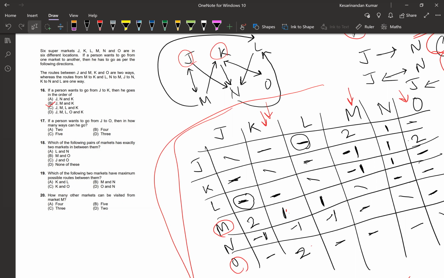If you're not able to understand the question, ask me, I will explain it again. Otherwise, it's quite an easy paragraph to solve.